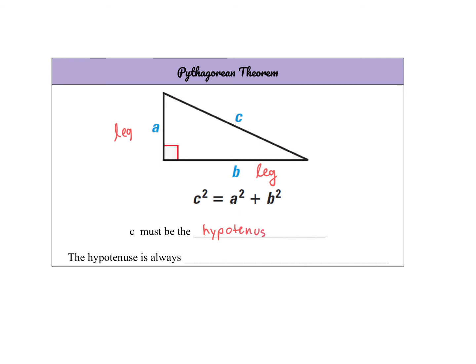If you remember, the hypotenuse is always the side that is opposite the 90-degree angle. So it's really important to remember that the hypotenuse is always c. In terms of your other two legs, it doesn't matter which one you call a and which one you call b.